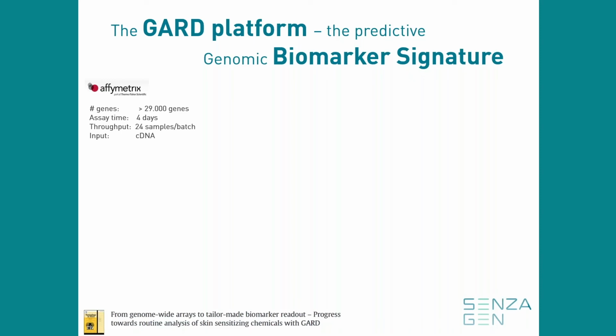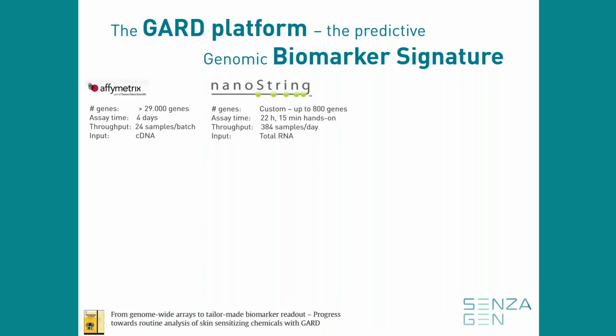But the platform simply does not fit very well into routine testing because it's very labor intensive, it's very hard to automate, and it has a very, very low sample throughput. So what we do after we have identified our biomarker signature is that we transfer the genes to another hybridization-based platform that is called NanoString.